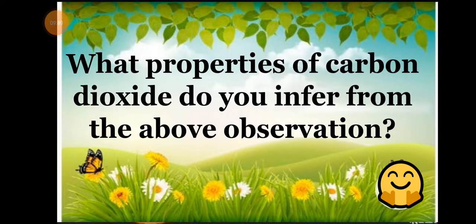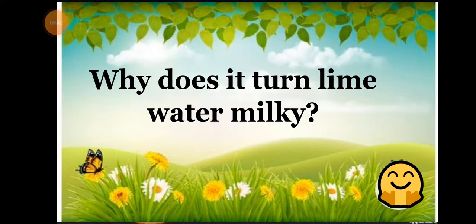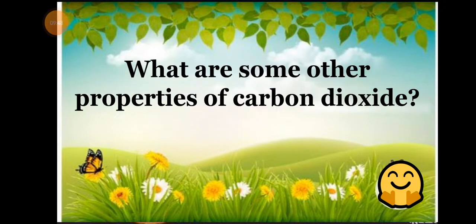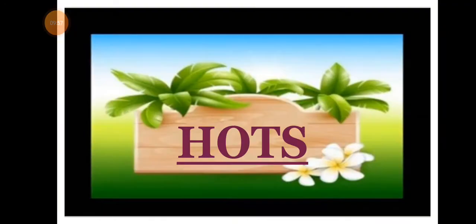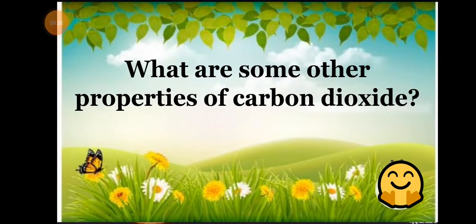What properties of carbon dioxide do you infer from the above observation, and why does it turn lime water milky? And the last question is, what are some other properties of carbon dioxide? So coming to these questions, the first question: carbon dioxide extinguishes fire as it is neither combustible nor does it support combustion.